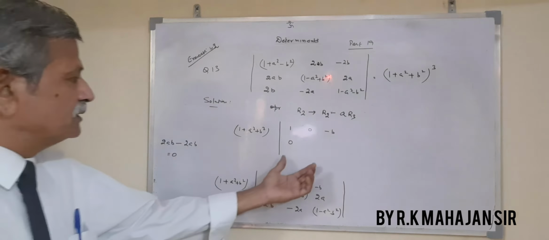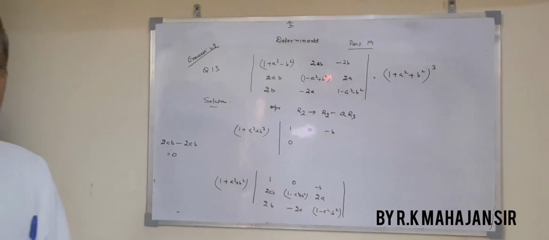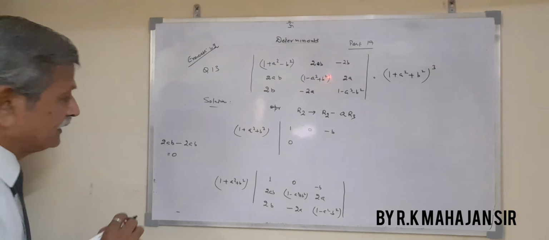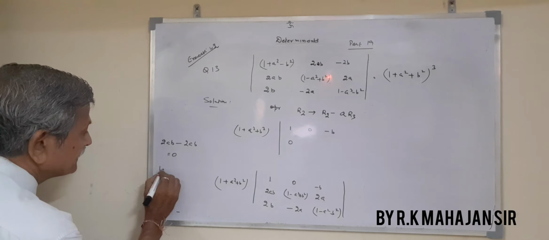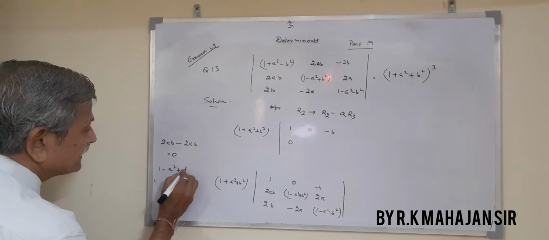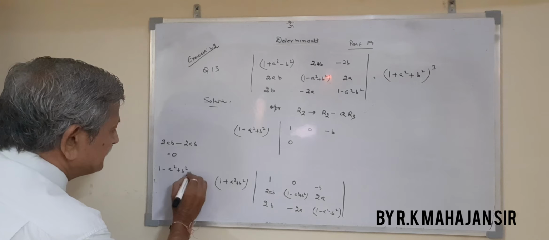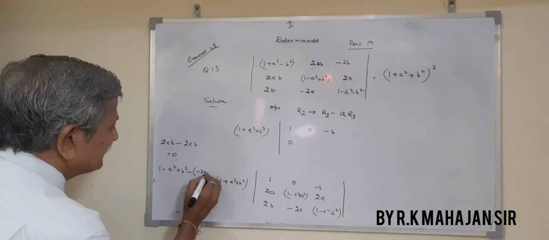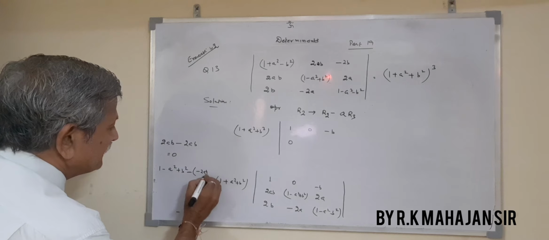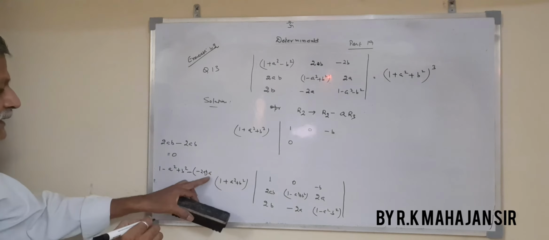Now in the second case, you can see 1 minus a square plus b square, and here you have with a minus sign minus 2a into a, because I multiplied by a.